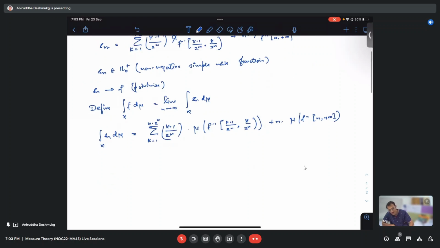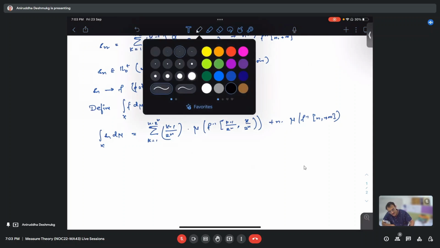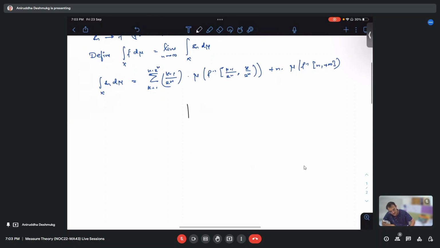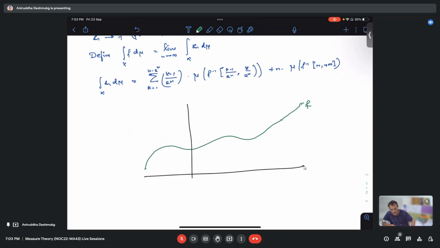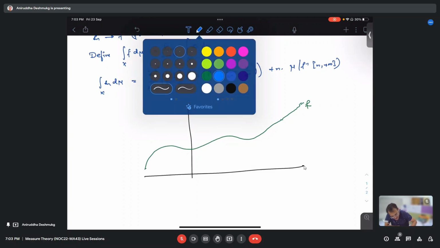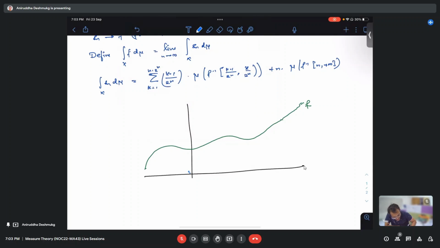So again, if we are to recall it geometrically, let us look at a function. Perhaps the function is this. This is our f, and we want to integrate it. We are going to split our codomain into not so equal parts: 0 to n first.